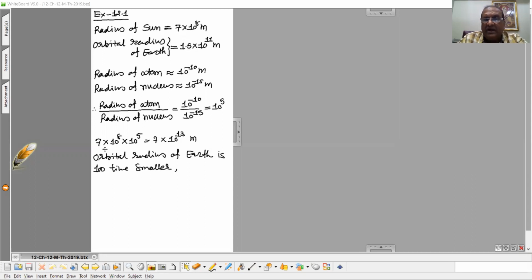Now if we take the radius of the Sun, 7 into 10 raised to 8, and multiply it by 10 raised to 5, our answer comes to 7 into 10 raised to 13 meter. It implies that at present the orbital radius is 1.5 into 10 raised to 11 meter.